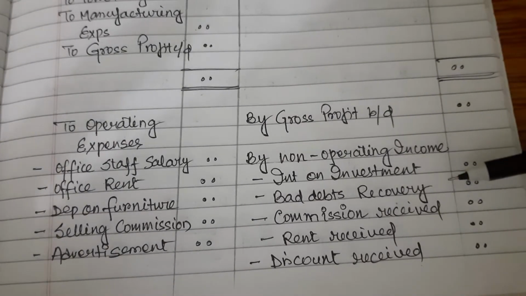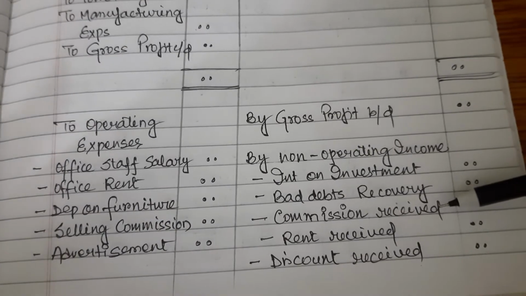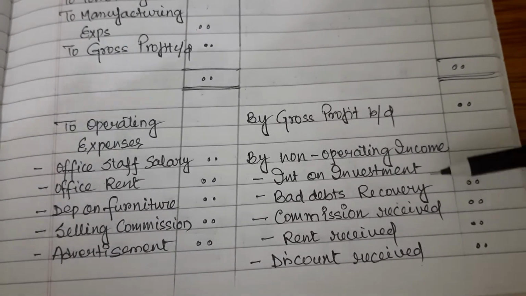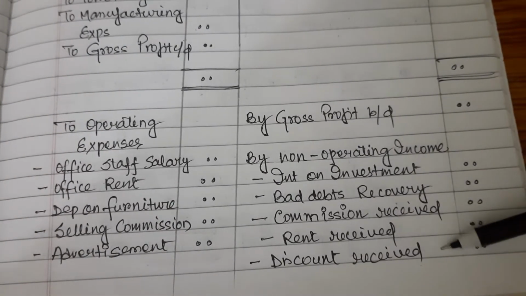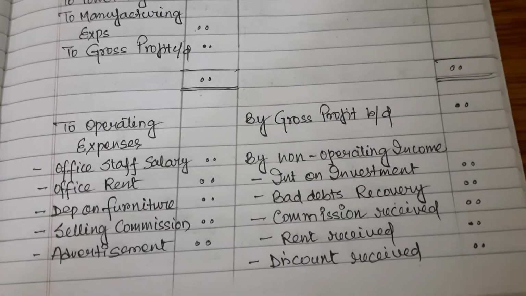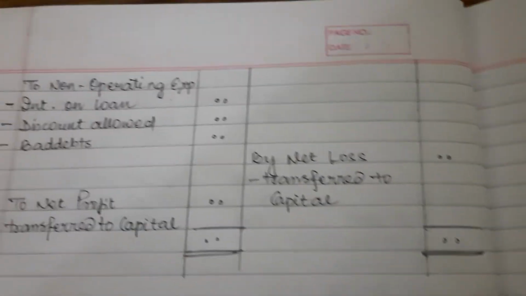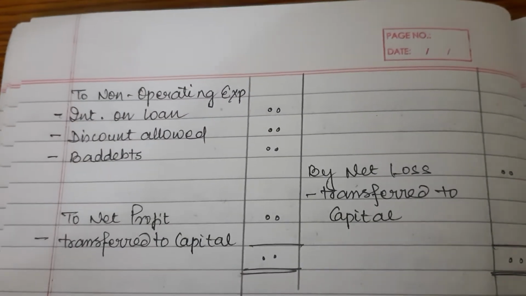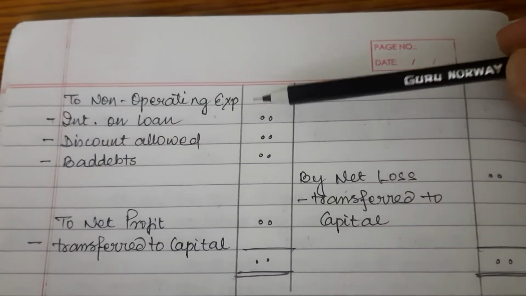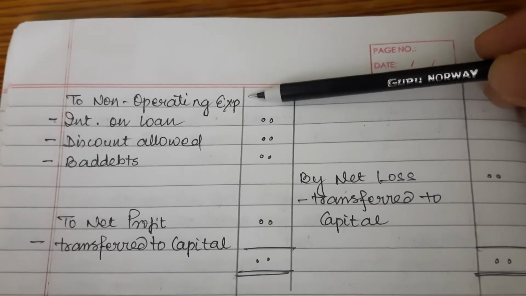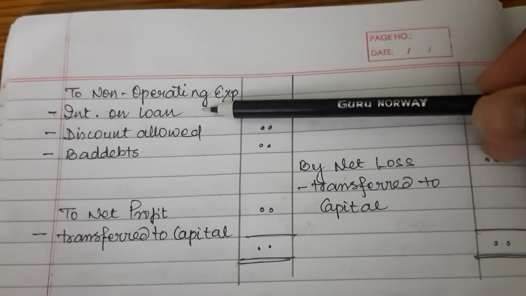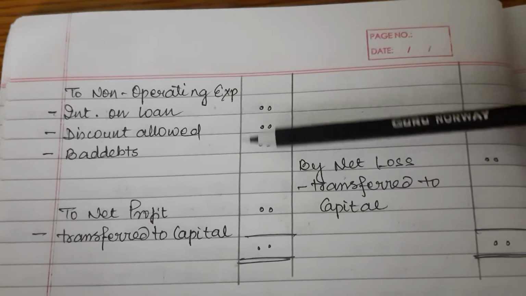Thereafter, your sums will provide you some sorts of income. Those incomes are to be recorded in credit side, and operating expenses to be recorded in debit side. After that, you have to continue profit and loss account with non-operating expenses: interest on loan, discount allowed, bad debts.